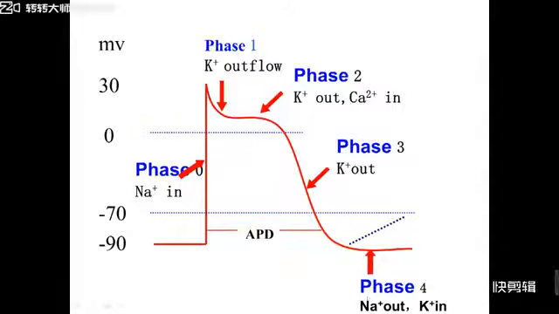For fast cells, the channel is the fast sodium channel. For nodal cells, the channel is the slow calcium channel. So we have reviewed, and now we know that for the cardiomyocyte action potential duration, different channels are very important in different phases.